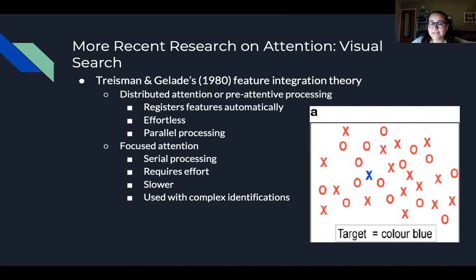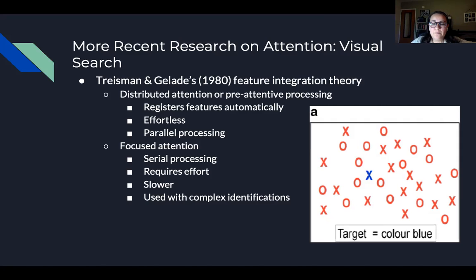Participants were just as easily able to identify a blue X when it was really crowded with other stimuli. They found that even with 23 stimuli, just filling out the page, the X still popped out, versus when there were only 3 items on the page. These results suggested that distributed attention is an automatic process.